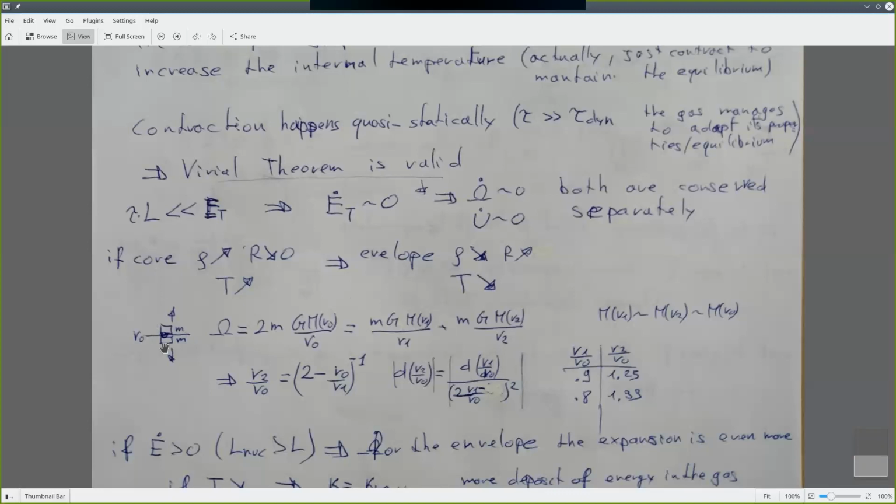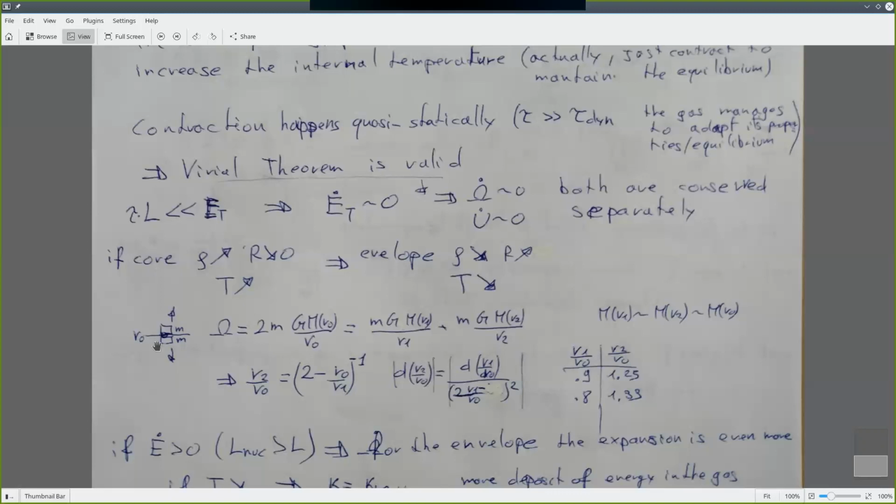Briefly, if you consider a point at radius zero with two little masses nearby, one of the envelope, one of the core, one goes to collapse, the other goes up.